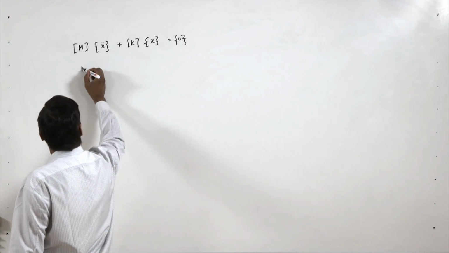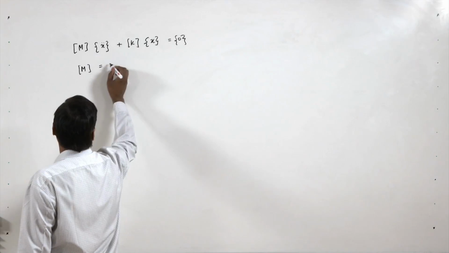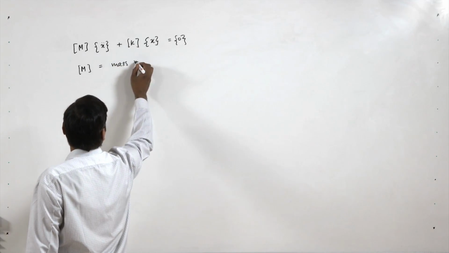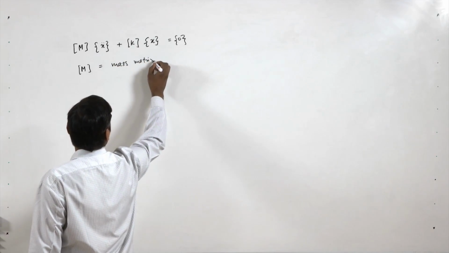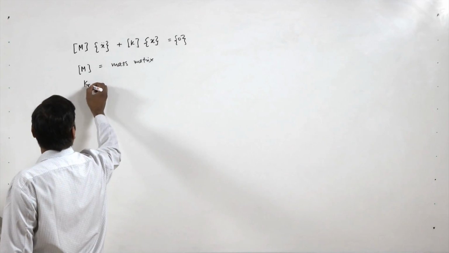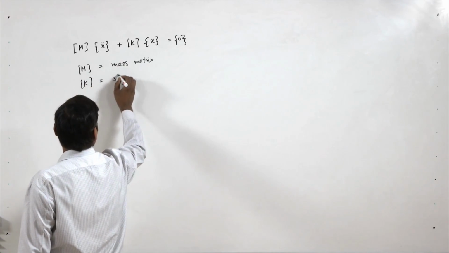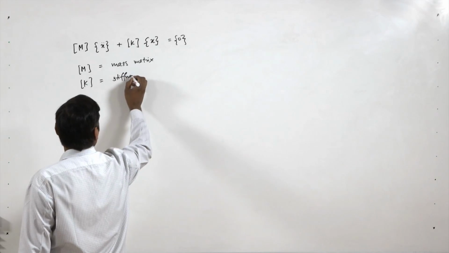And here M is the mass matrix, and here K is the stiffness matrix.